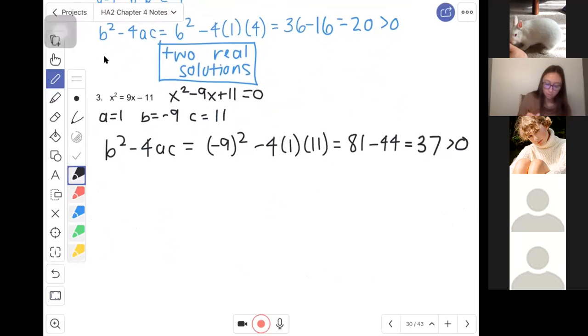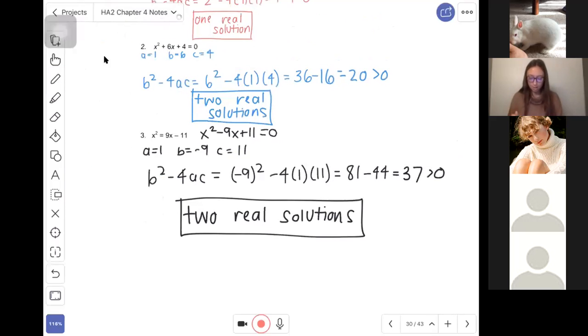So we automatically know we'll have 2 solutions, but what type of solutions, real or imaginary? Would they be imaginary? Can we take the square root of a positive number? Will we get any imaginary parts of that? No, you wouldn't. Right, so this would be 2 real solutions. So this one didn't have any imaginaries.